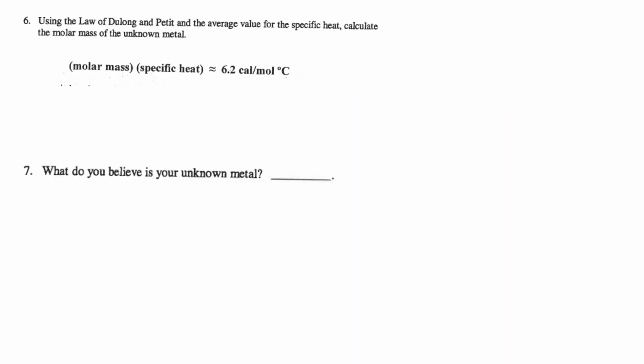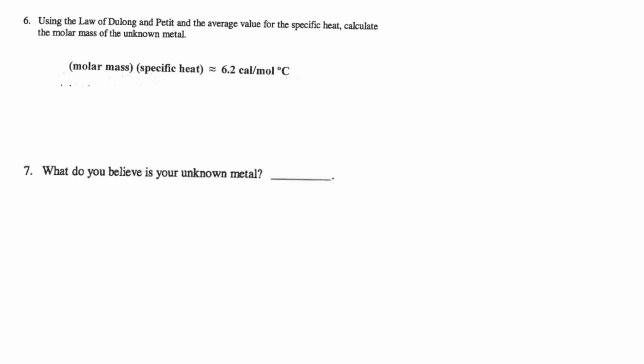So now, the next question on there is asking us to use the calculation that it did in the pre-lab, where it says use the law of Dulong and Petit and the average value for specific heat to calculate the molar mass of the unknown metal.